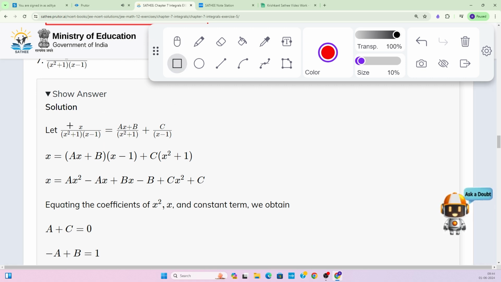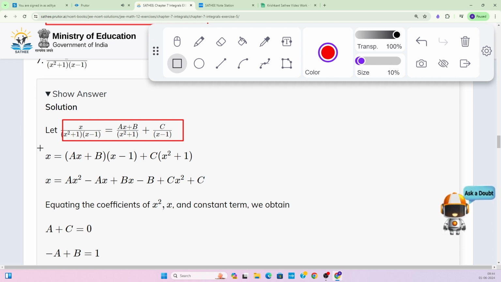Simple. So you must know the corresponding form. If you do not remember, please watch this session from the beginning.